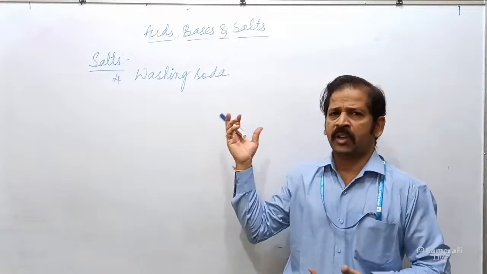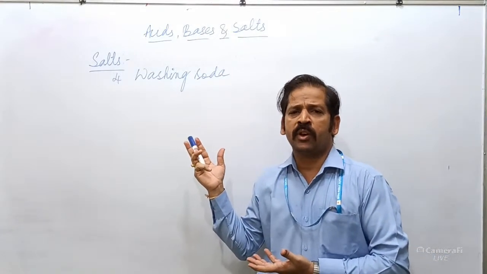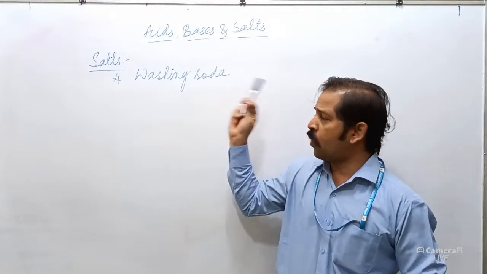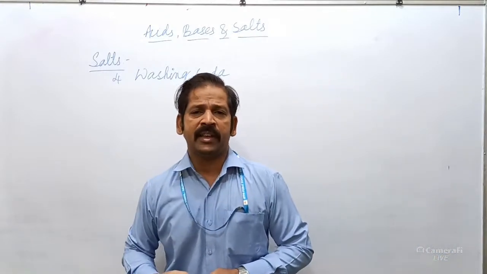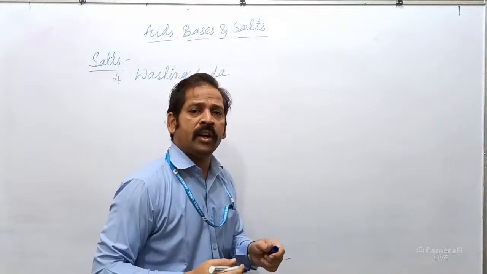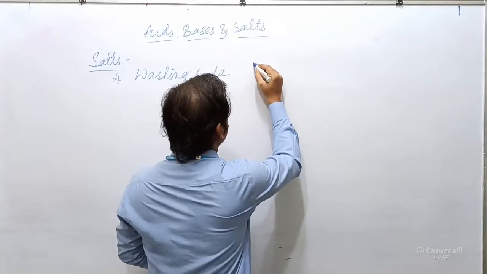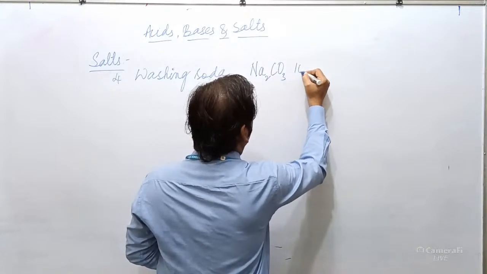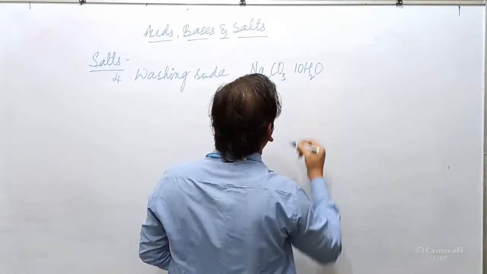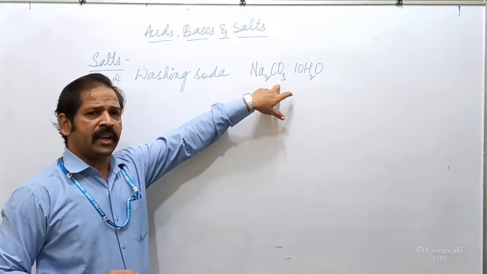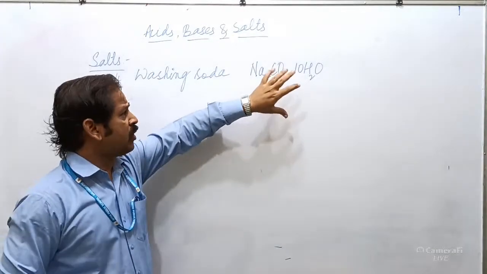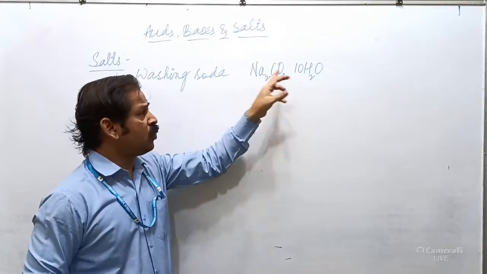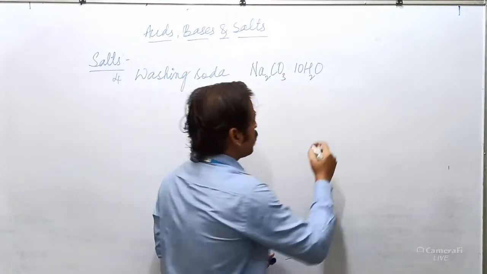The word itself suggests its use: it is used for cleaning clothes, especially in rural areas. Its formula is Na2CO3·10H2O. Na2CO3 is sodium carbonate. It is a basic salt.